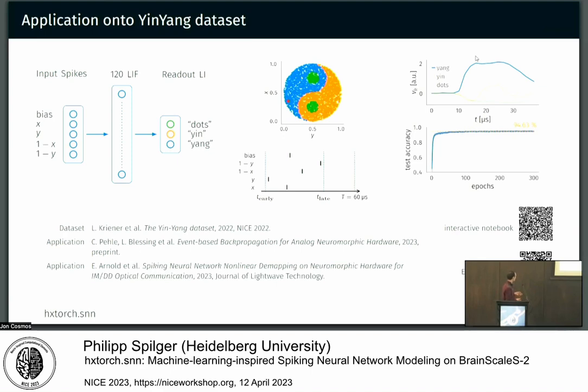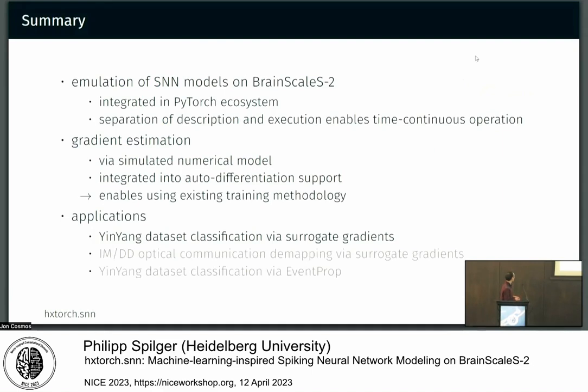Okay, so to wrap things up, what have I shown you? We can emulate spiking neural network models on Brainscales 2, which are integrated into the PyTorch ecosystem. And due to the fact that the hardware operates time-continuously, we have to separate the execution and description of the network. And we fully integrate the gradient estimation, which all of you know from machine learning.